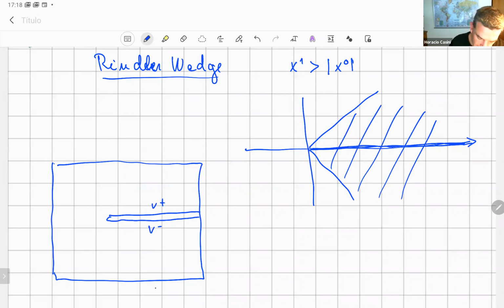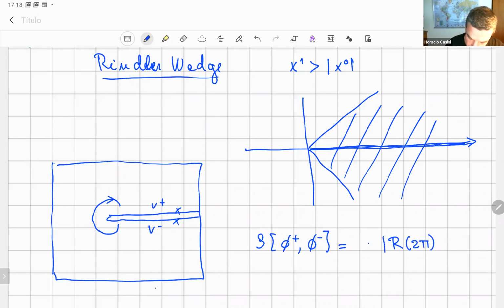And then there is a symmetry in this space, that is a symmetry of rotations here. And you can see that the density matrix, which is a function of the two boundary conditions here and here, will be given by the rotation operator of 2 pi evaluated between the two boundary states.